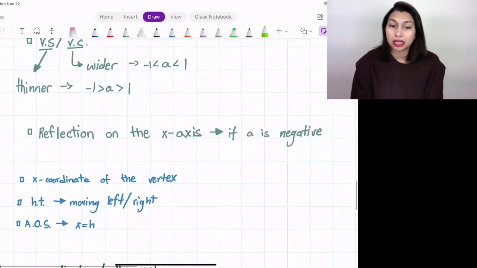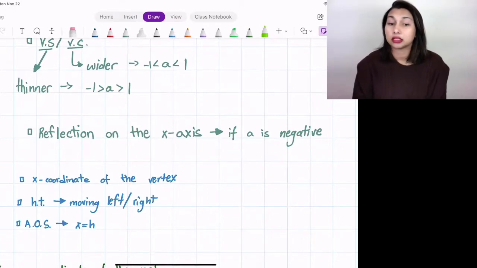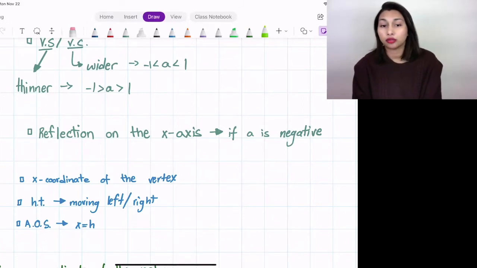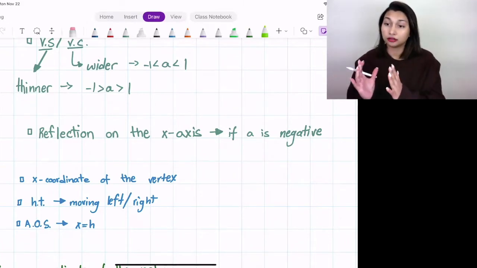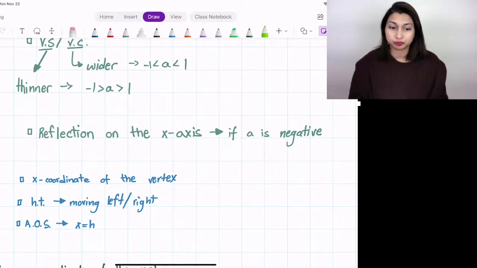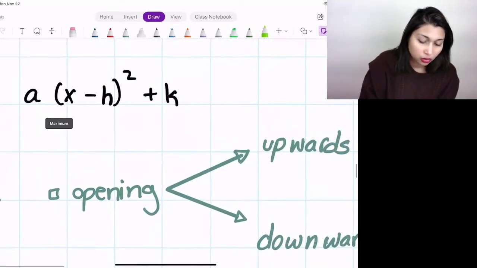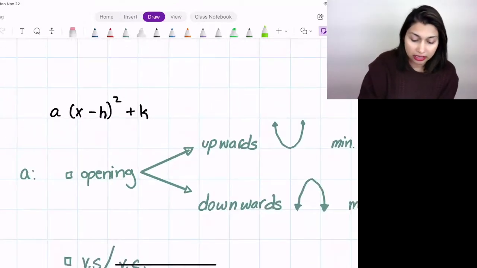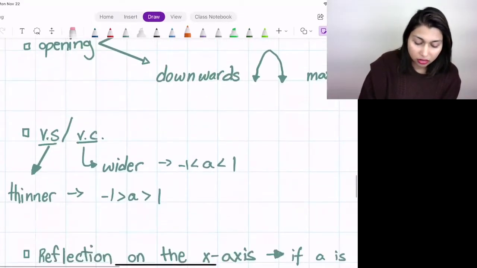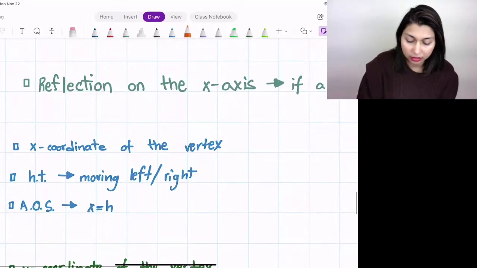Next, we have the h value. The h value tells us the x-coordinate of our vertex, and it also tells us if our function will shift to the left or the right. One thing you have to be careful of is that in the equation itself, there is a negative over here, but that does not affect the h value.